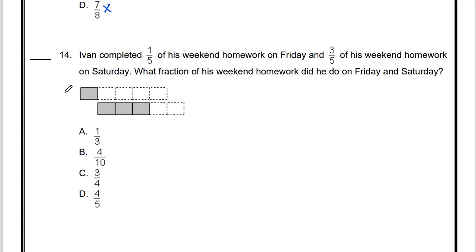Okay, Malik, go ahead. If I completed 1/5 of this weekend homework on Friday and 3/5 of this homework on Saturday, what fraction of his homework did he do on Friday and Saturday? It's 4/5. You need to explain to your friends why: 1/5 plus 3/5, you do not add the denominator, you add the numerators. 1 plus 3 is 4, so 4/5.